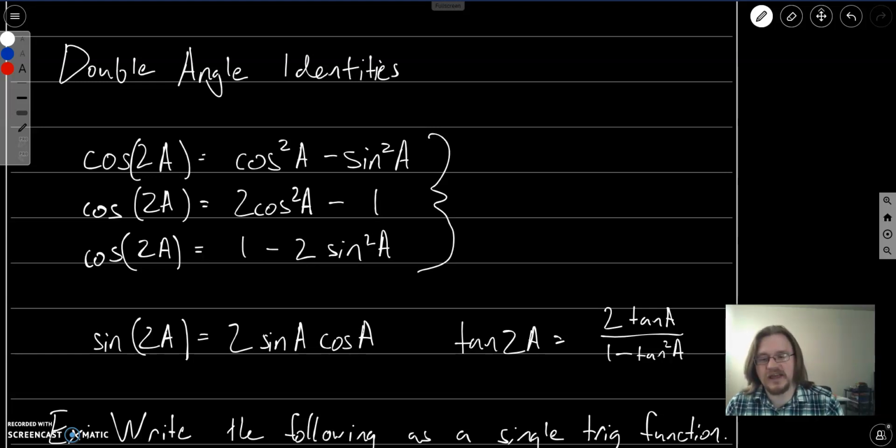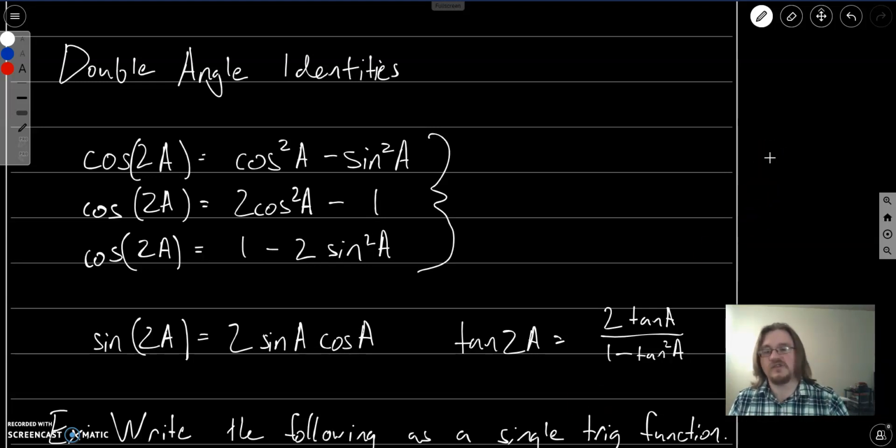Sine of double an angle, we just have the one formula, and tangent of double an angle, we have right here. So 5 more identities. Again, you don't feel like you have to memorize these. If you do memorize them, great, they're really helpful. If not, write them down on a sheet of paper so that you can see all of the identities that you can use.